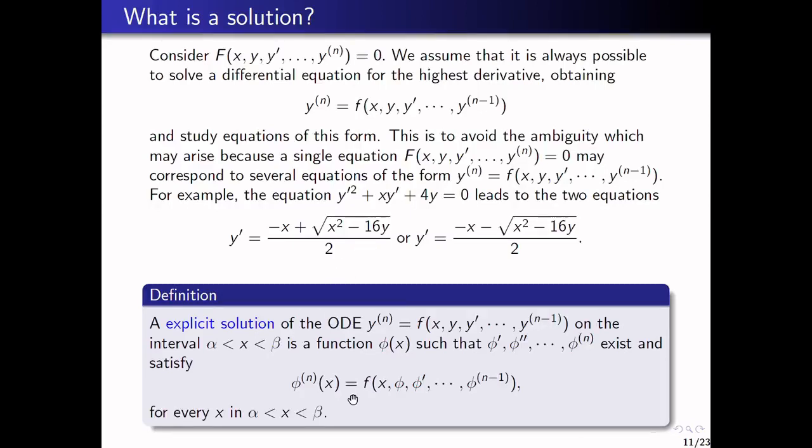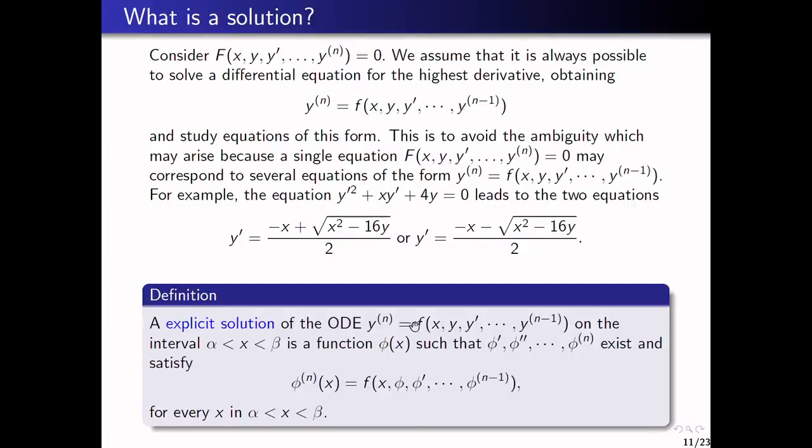The explicit solution of an ordinary differential equation, where the differential equation is written in terms of its highest derivative, namely nth derivative of y is equal to f of x comma y dash and so on up to y (n minus 1), so it is a function f of these variables, on the interval x between two real numbers alpha and beta.